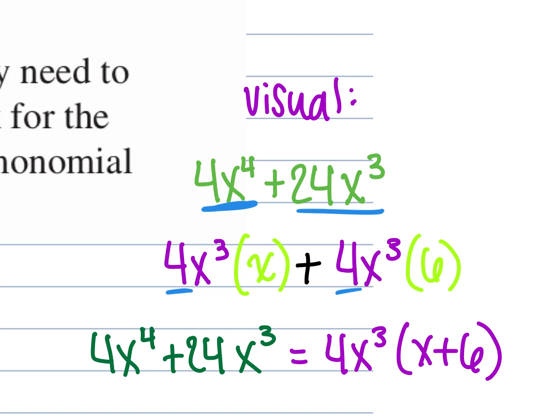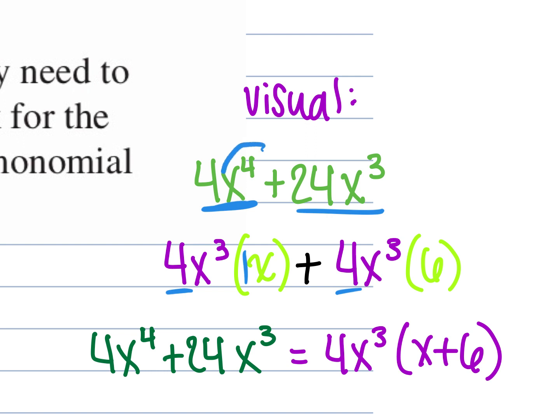You are dividing both terms by that 4. What's 4 divided by 4? 1. So you're not going to have a number inside because you don't need to write a 1. Do you guys agree? So inside my parentheses, what's technically there that we don't see? A 1. If it helps you to write it out, write it down. What is 24 divided by 4? 6. So what's inside my parentheses? A 6. Hold on. Questions at the end.